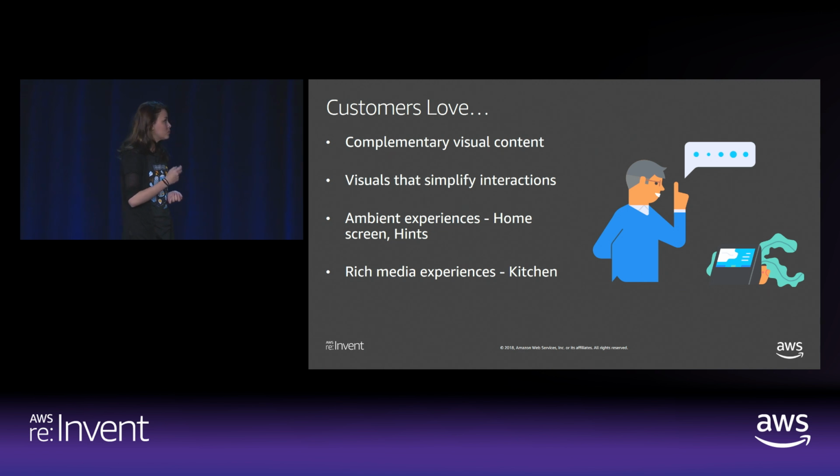There are also ambient experiences. This you would see in the home screen. On the Echo Show, you can see she would say, try and say something like this. So again, furthering that interaction. And then finally, just overall a richer media experience. If I invoked a skill that had some displays in it, I would get more information that wasn't necessarily crucial to what I asked Alexa for originally, but just, again, emphasized what I could do.